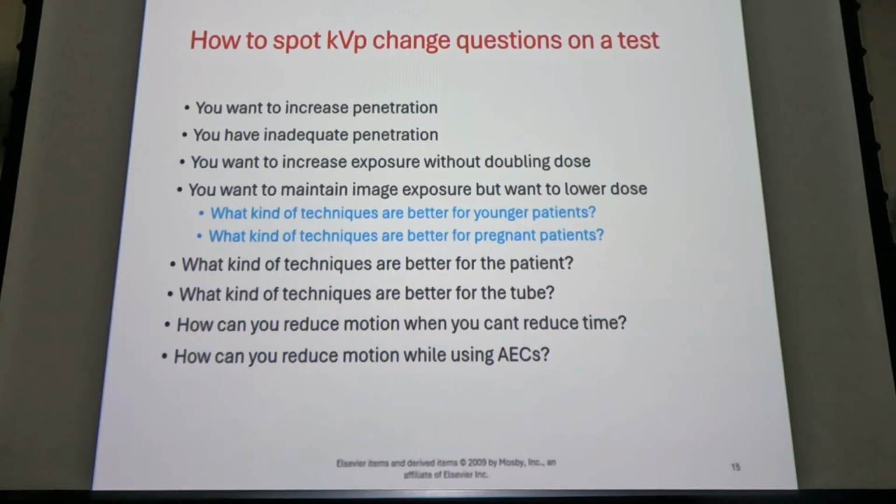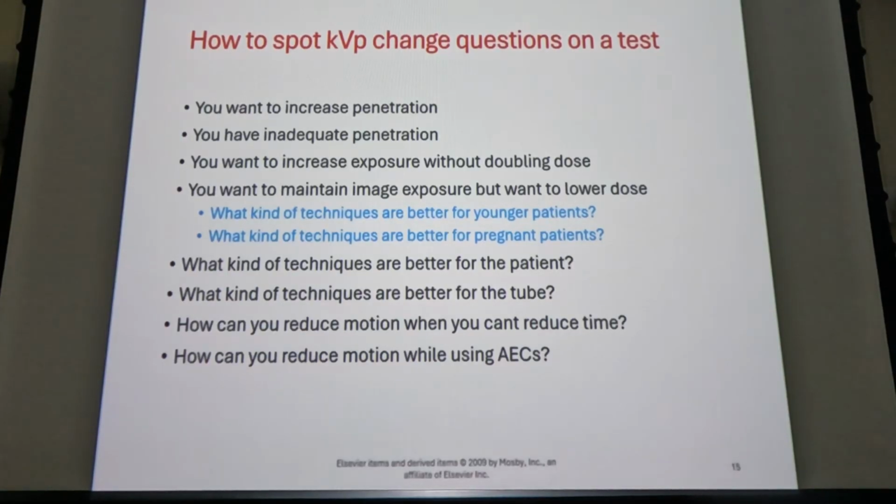So if you want to increase exposure without doubling the dose, so you underexpose the patient, the rule of thumb for changes in mass is that if it's worth repeating, it's worth doubling your mass, which would automatically double the patient dose. But if you increase KVP by 15%, then you double the image receptor exposure without doubling the patient exposure. So you want to increase the image receptor exposure without doubling the patient exposure, you would increase your KVP.